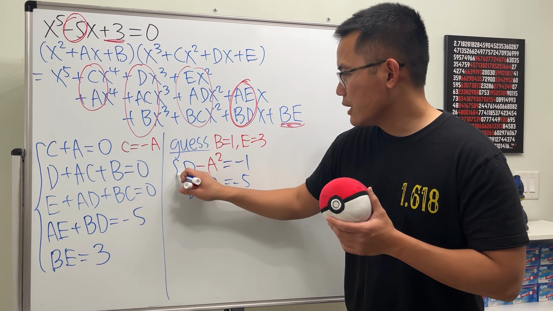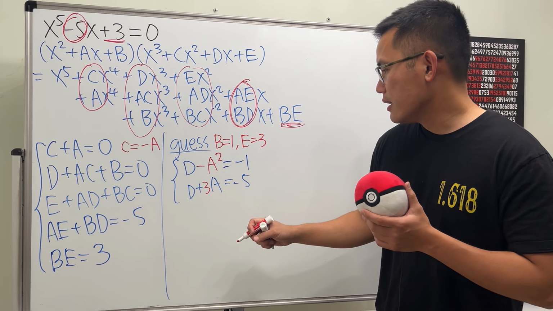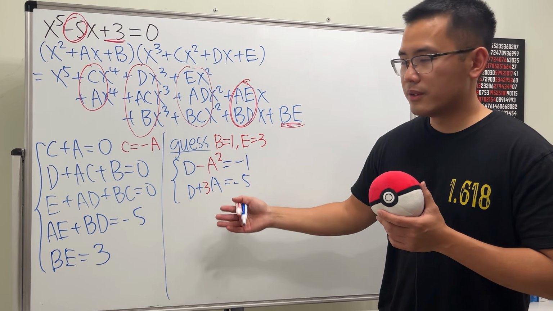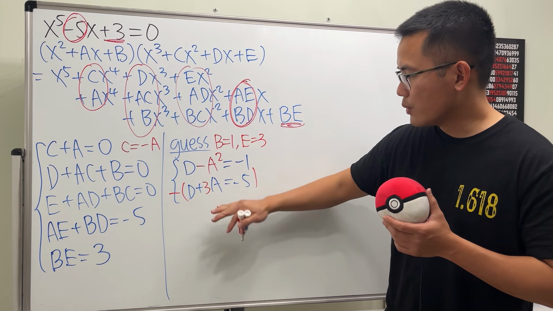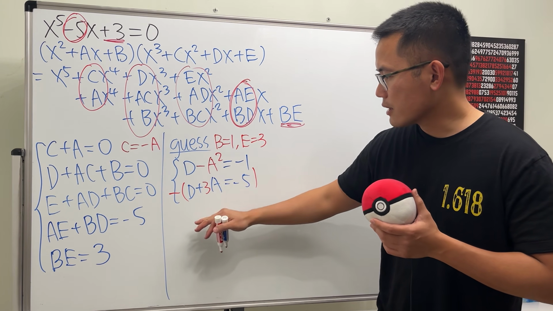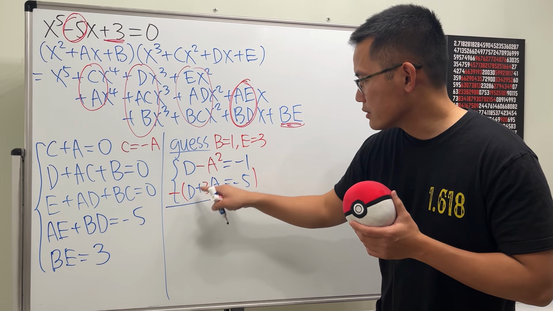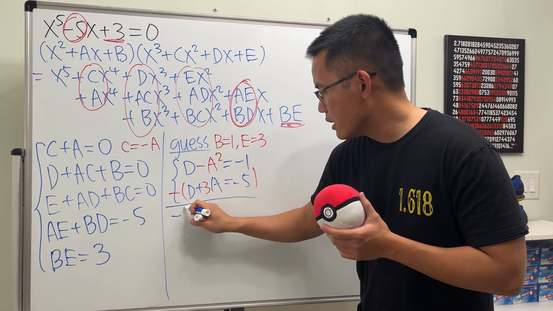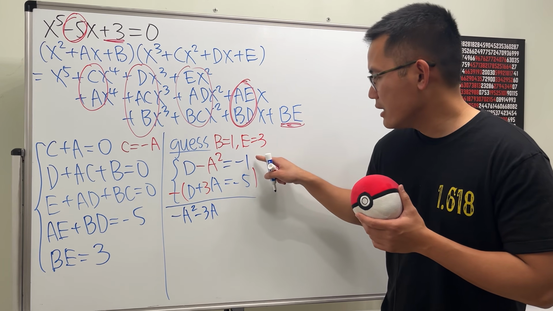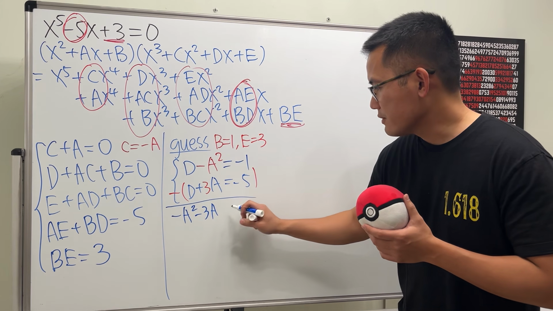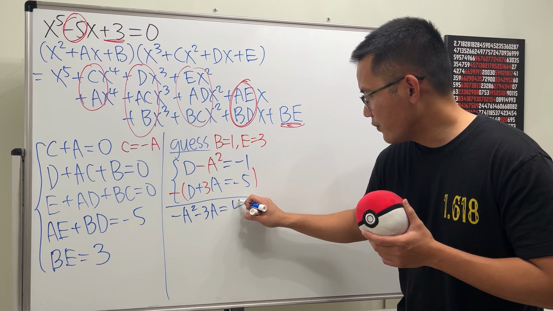So now let's look at this system of equations, and yeah, it's much better, right? Because now we can just go ahead and subtract the first one and the second one like this. So they will cancel, and then we have negative a squared, and then minus 3a, and then negative 1 plus 5, which is 4.